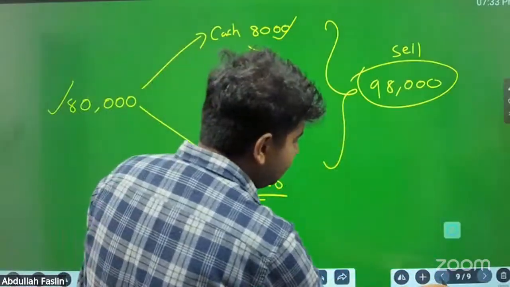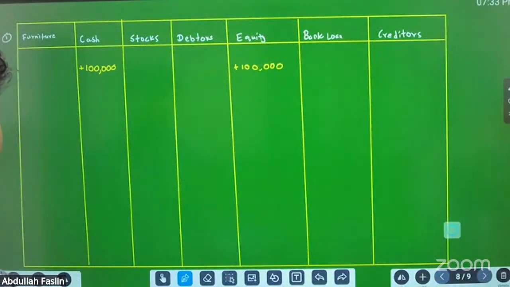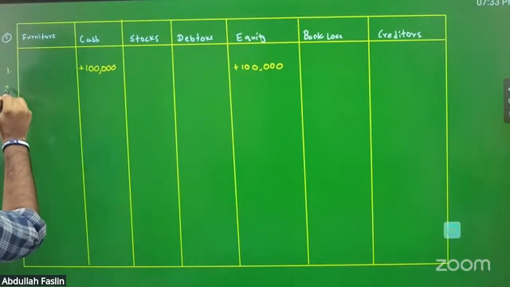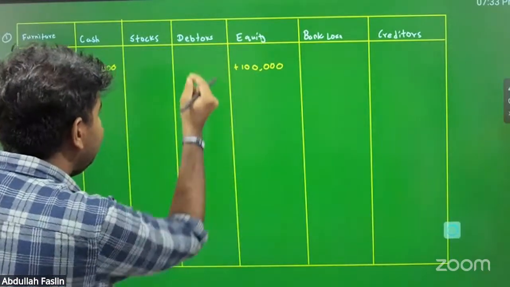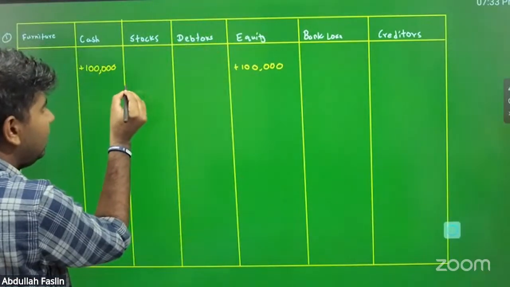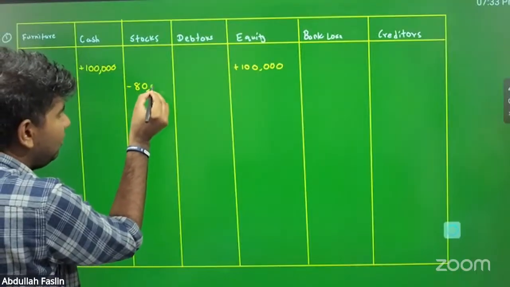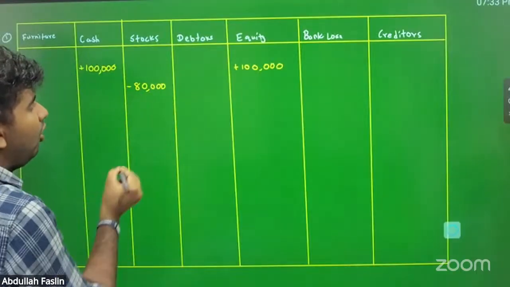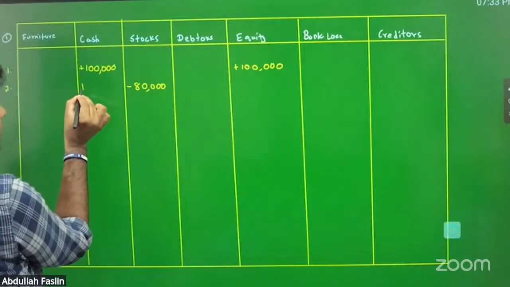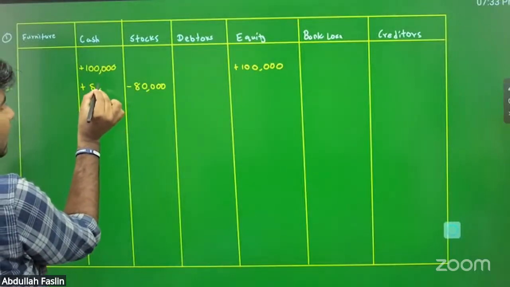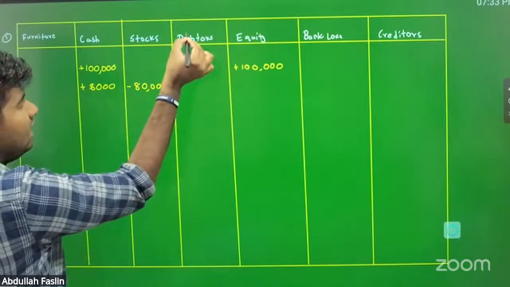If that is the case, how are you recording it in the accounting equation? How do you record stocks? How much worth of item? 80,000 worth of item. On cash, how much are you getting? On cash plus 8,000. On credit, that means debtors.